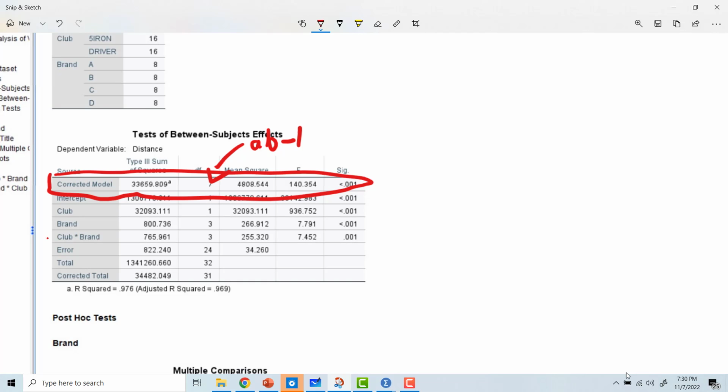Then we have these 3 separate tests. Remember, in this instance, the club is factor A, the brand is factor B. This is the row for the interaction of A and B. So all these are the numerator rows. And then we have the denominator row, which is going to be the error.